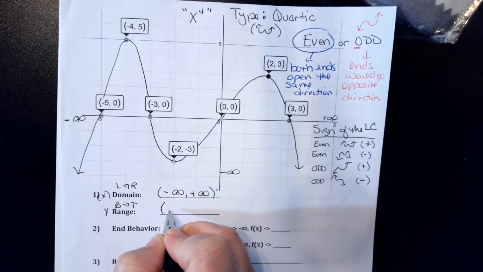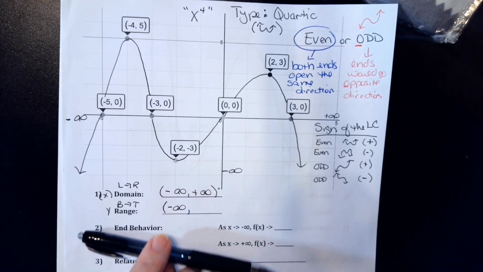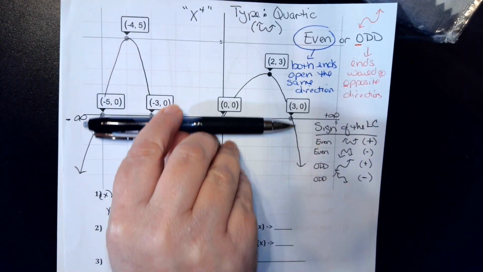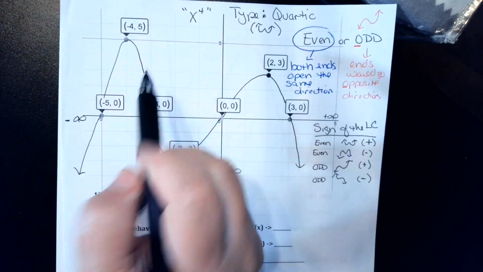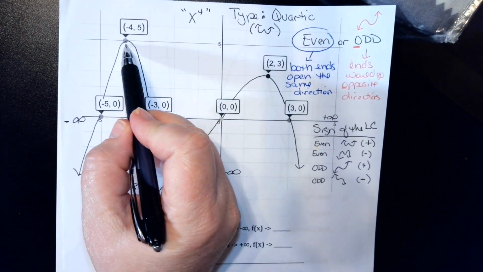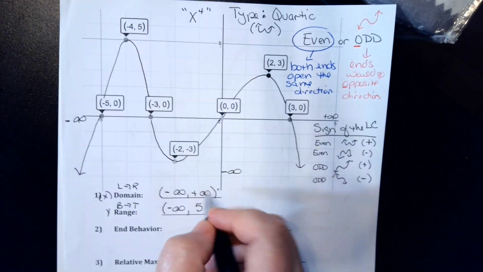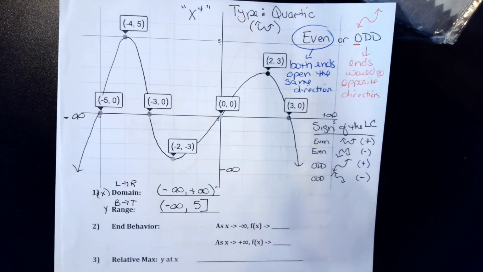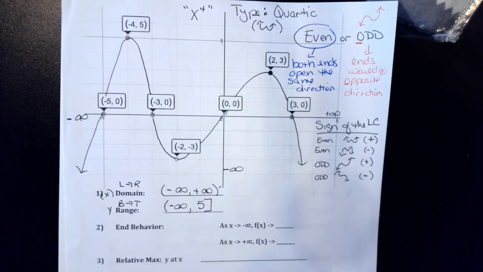And infinity is always going to have a parenthesis, so this would be negative infinity. But notice, from the bottom to the top, what is the highest y value that we use? The highest y value that we use is a 5. This has a closed circle, so it's going to be a bracket. That means it's inclusive. It includes that value.